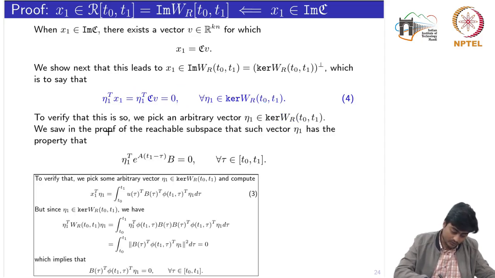So let's see. To verify this, we pick an arbitrary vector again, eta 1. In the proof of the reachable subspace we had seen one property, so from that proof we will borrow it.